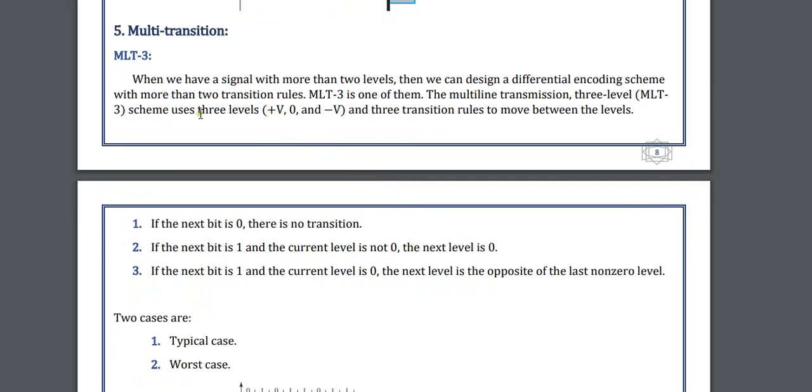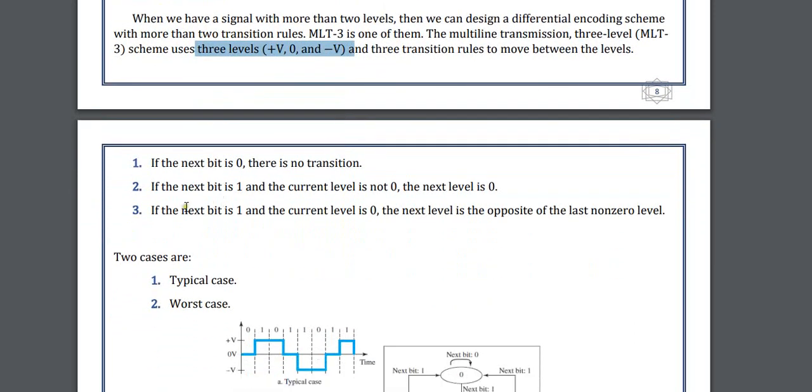Here we have 3 levels: positive, 0, and minus. If the next bit is 0, there is no transition. If the next bit is 1 and the current level is not 0, the next level is 0. If the next bit is 1 and the current level is 0, the next level is the opposite of the previous non-zero level.